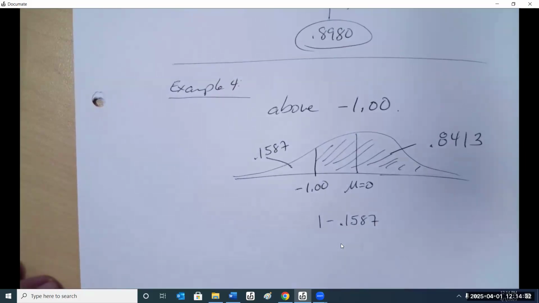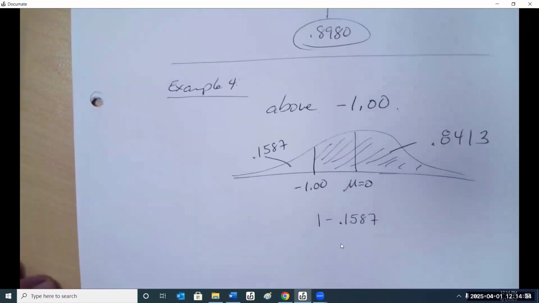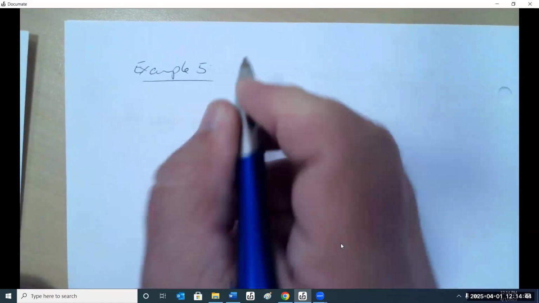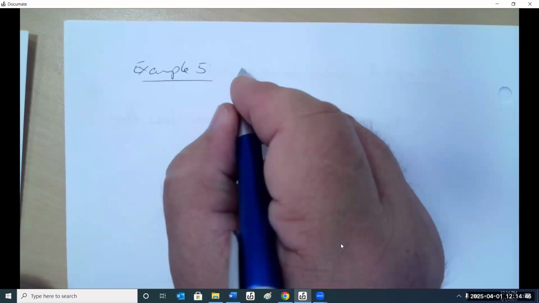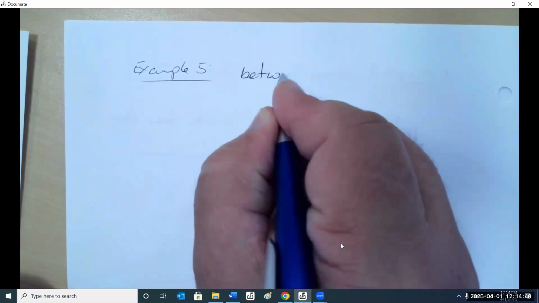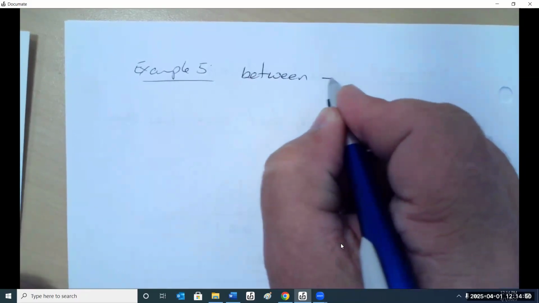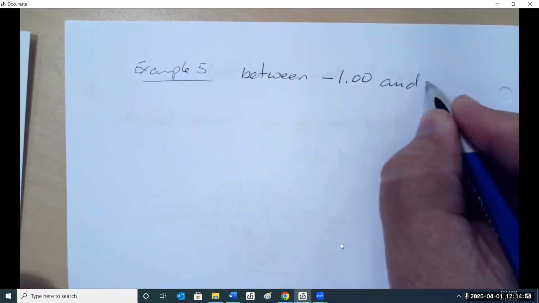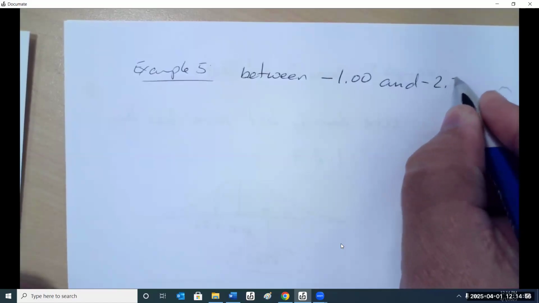Okay. Example 5 is between two numbers. Between negative 1.00 and negative 2.50.